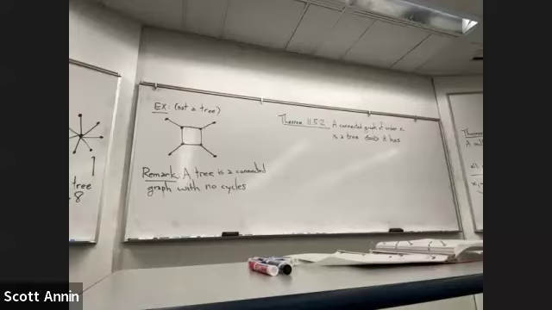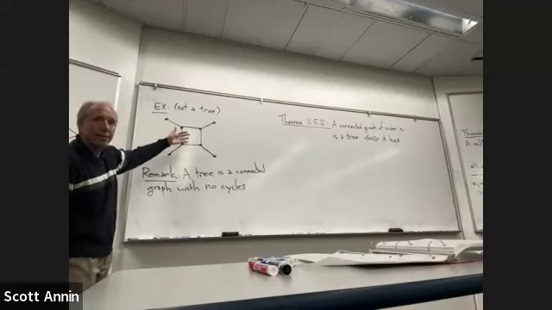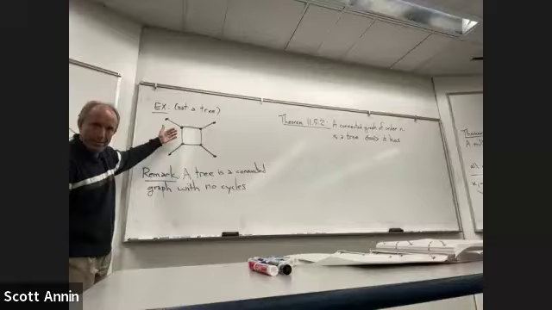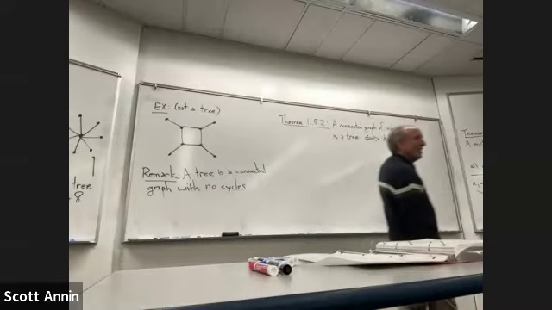In this tree, how many edges are there? 7. How about in this one? 7. This one's not a tree. How many edges do we have here? 8. Okay, so what do you think the answer is over here?